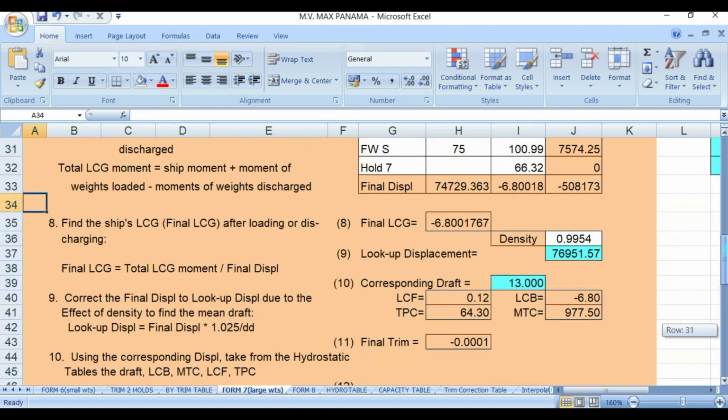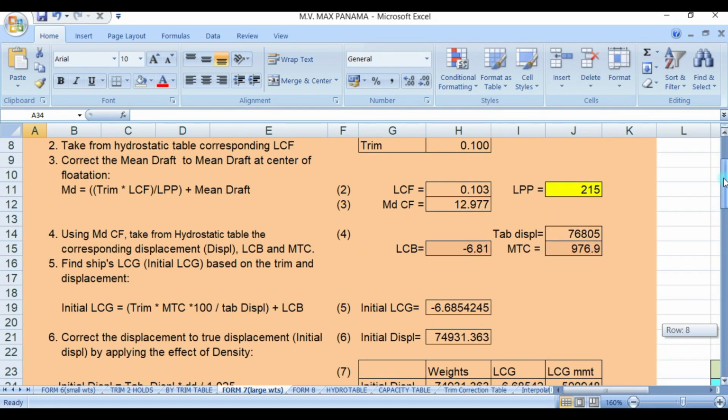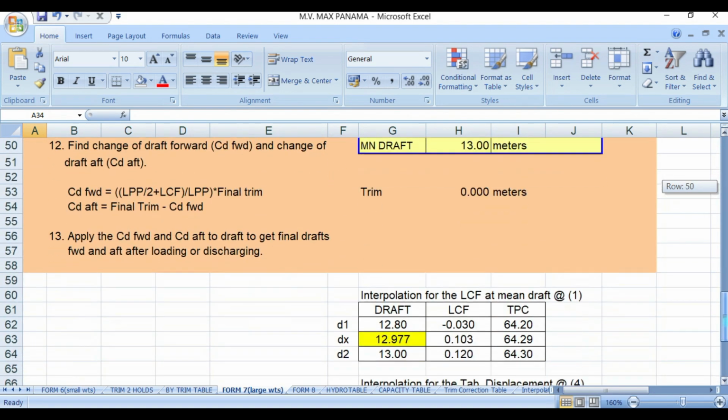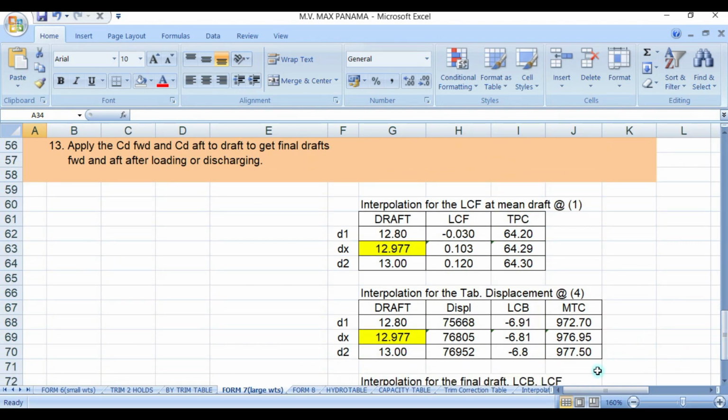Your MTC is 976.95. This is interpolated between 12.8 and 13 meters.